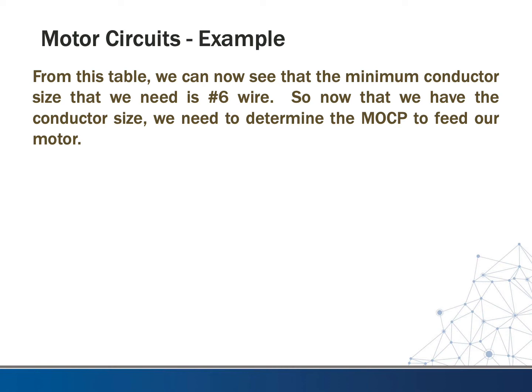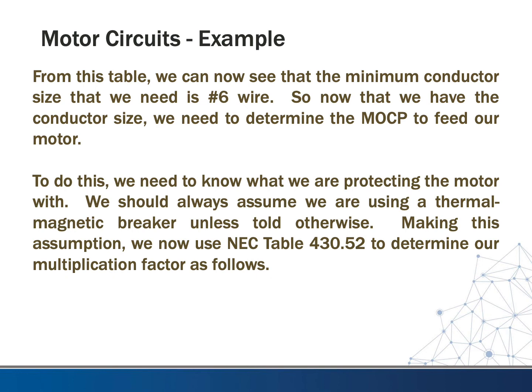Now that we have the conductor size, we need to determine the maximum overcurrent protection to feed our motor. To do this, we need to know what we are protecting the motor with. We should always assume we're using a thermal magnetic breaker unless told otherwise. Making this assumption, we now use the NEC Table 430.52, which we looked at earlier, to determine our multiplication factor.